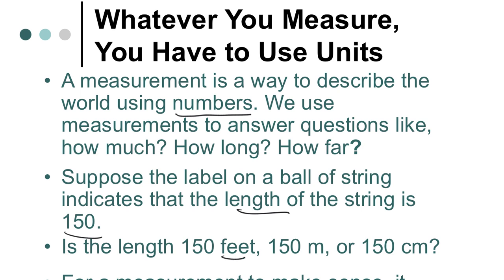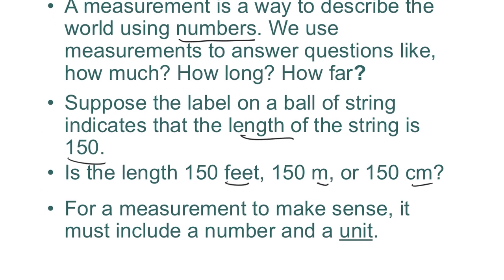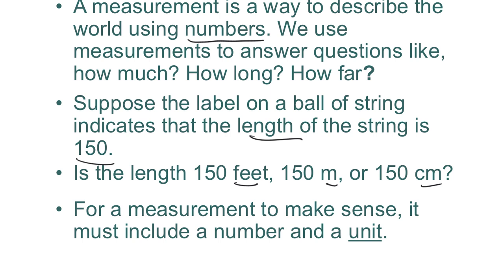Okay, it could be 150 feet, 150 meters, 150 inches, 150 miles, whatever. So after a number measurement, you gotta put a unit. And all those examples, feet, meters, centimeters, etc., are units of length.